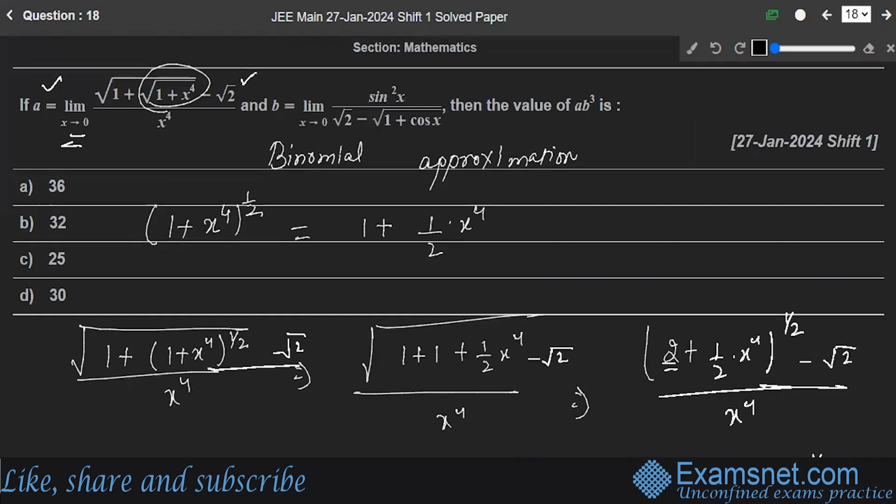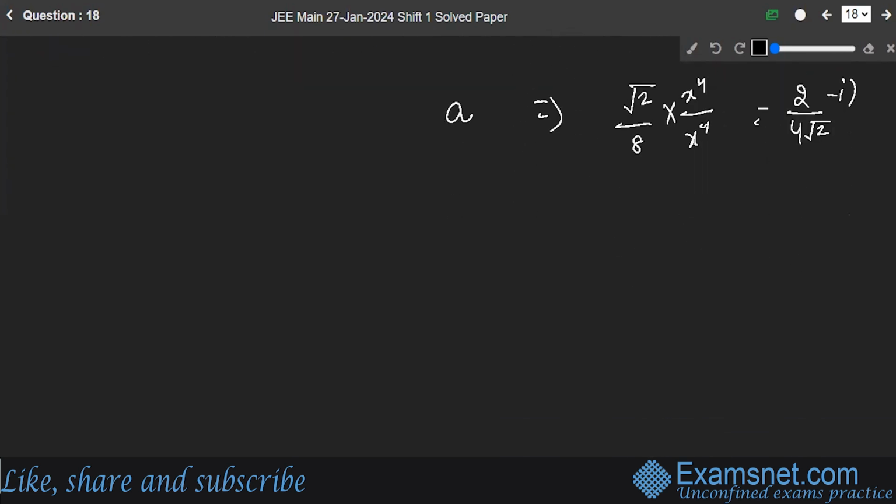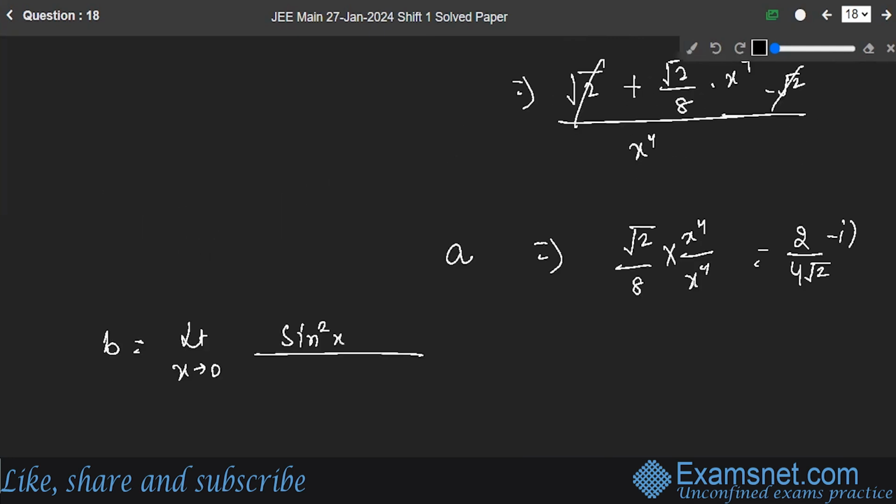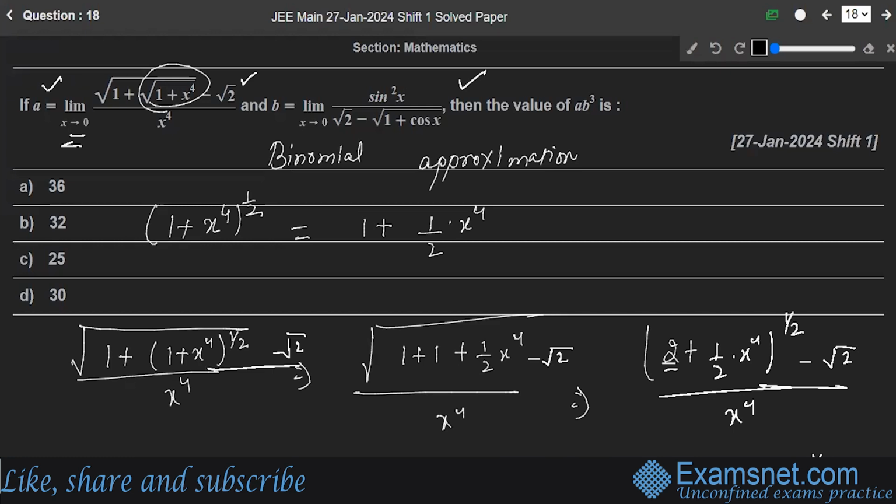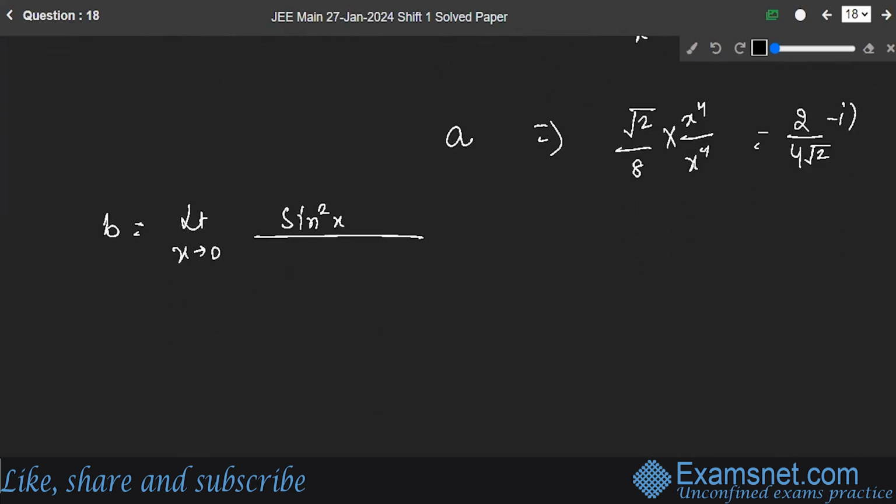Now let's go on to find the B. So B is given to you as this. Let's write down. B is equal to limit x approaching 0 of sine square x, whole divided by root 2 minus this. Okay, so now let's do this thing.